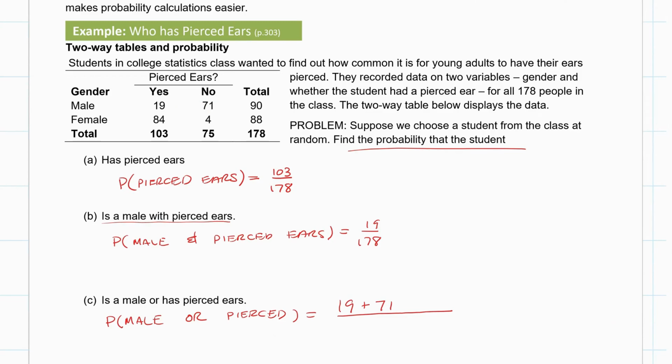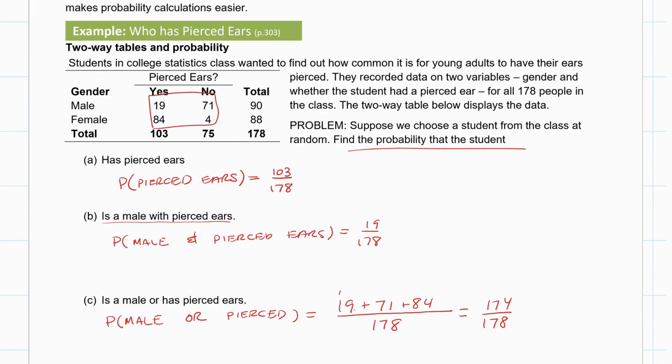And then how many females are there with pierced ears? There's 84. And that's out of the 178 in class. If I add that up, 9 plus 1 is 10, plus 4 is 14. Carry the 1, 1, 2, 2 plus 7 is 9, plus another 8 is 174 out of 178.